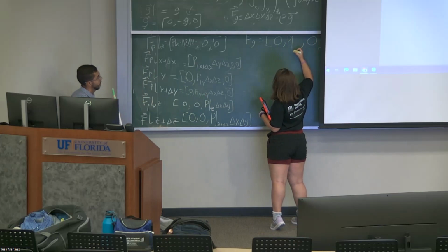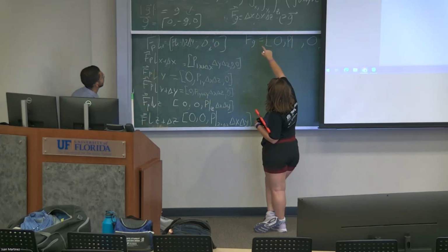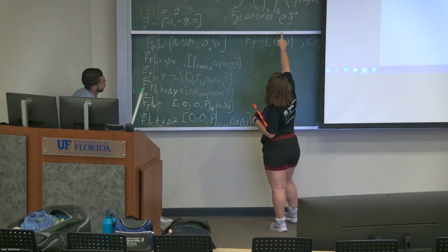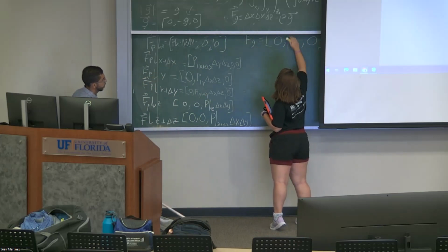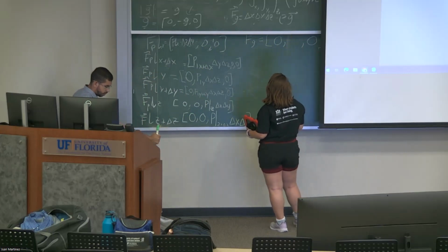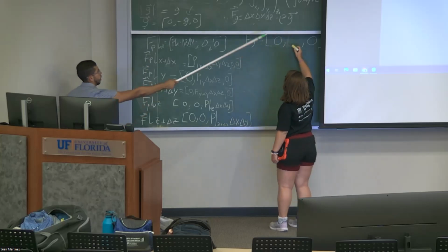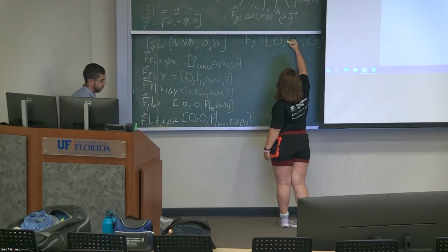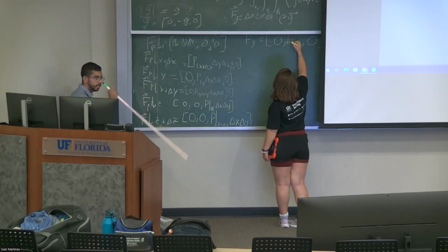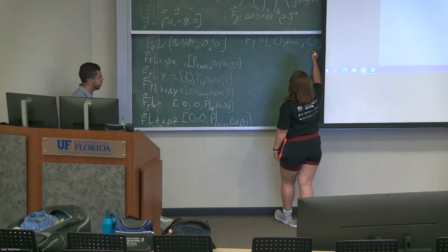In that case, would it be all of it? Yeah. And it will be the volume times the density times the magnitude of g. You can erase it if you want.